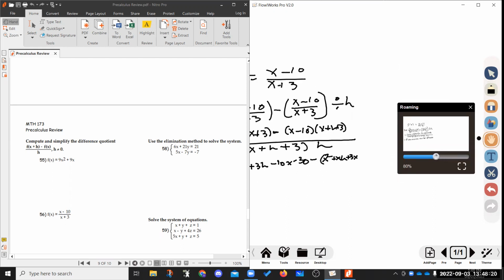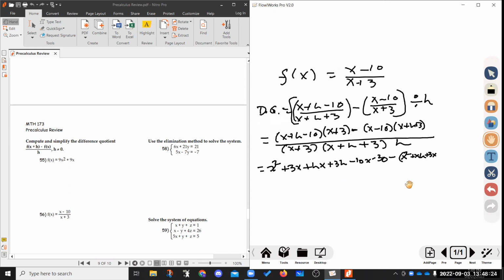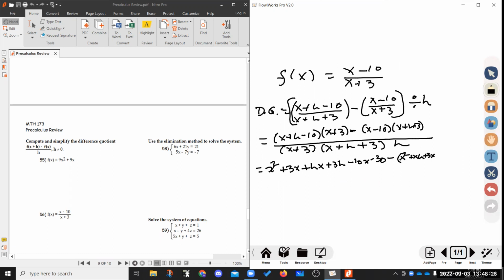Zoom out a little bit. Minus 10x minus 10h minus 30, all over x plus 3, x plus h plus 3 times h.